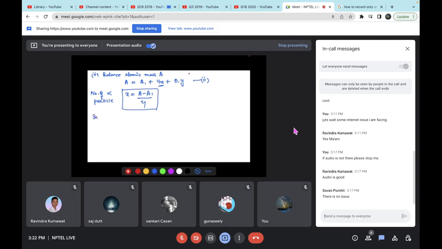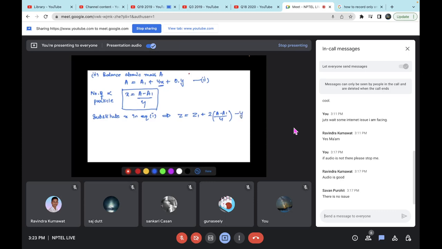And if I substitute x in equation 1, what I will get is Z is equal to Z1 plus twice of (A minus A1) by 4, and there was minus 1 into y, so it is minus y.